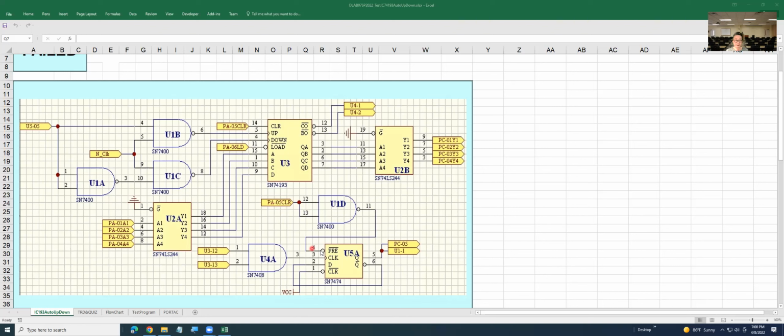That 0 here will be the preset for U5. Output pin 5 will be 1. So you try to get the clear for U3. Also, they want you to make sure U5 pin 5 has to be logic 1, and this goes to U1 pin 1.